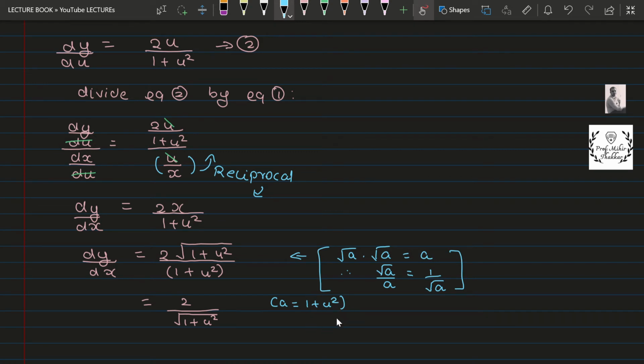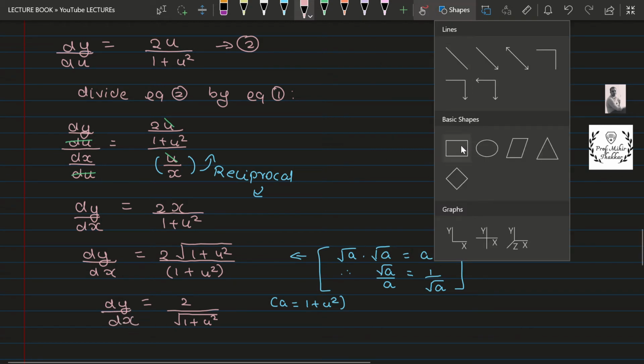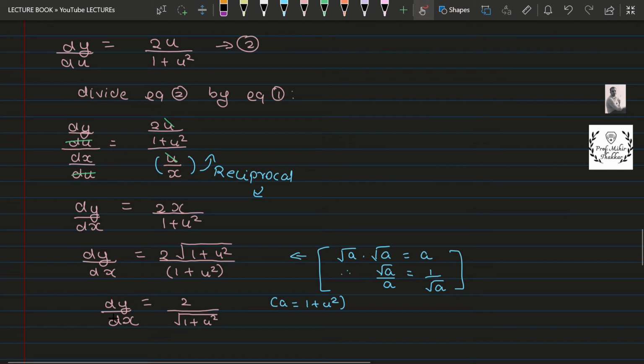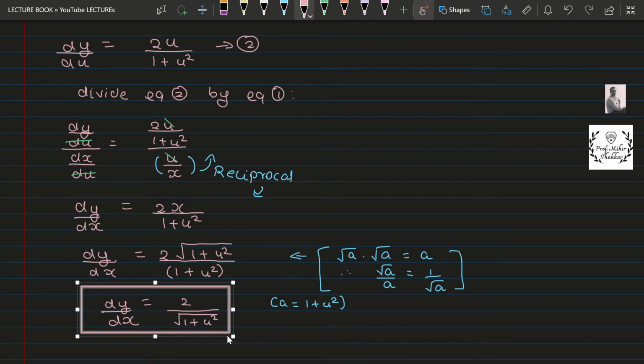You don't need to show all these things in your exams. In your exam, you can just show this pink part. It is sufficient for your examiner to give you the entire marks. dy by dx is equal to 2 upon under root of 1 plus u square. So students, that was your question number 2.